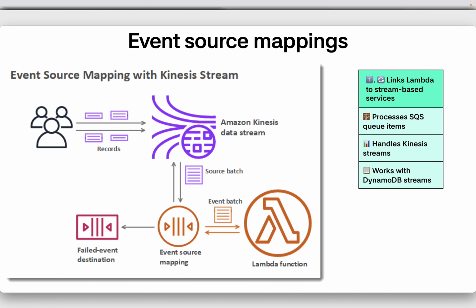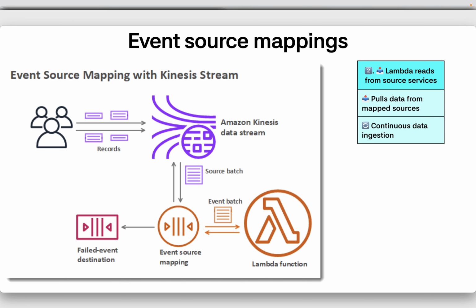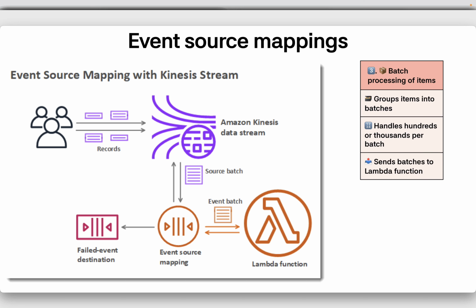Next important feature is event source mappings. Event source mappings link AWS Lambda functions to process items from Amazon SQS queues, simple queue service, Kinesis streams, or DynamoDB streams. Lambda uses these mappings to read items from the source service.